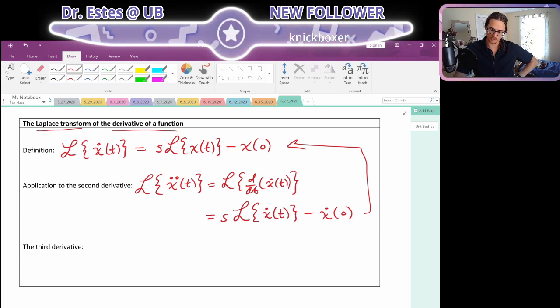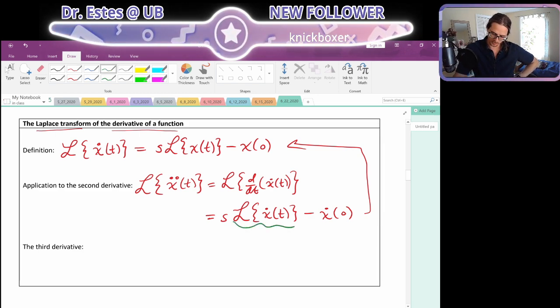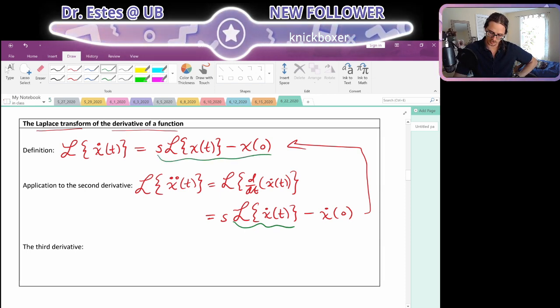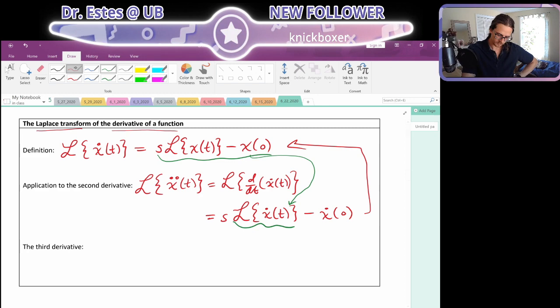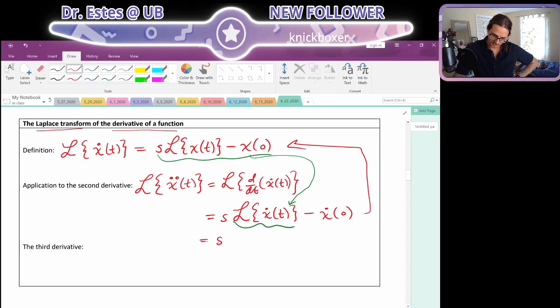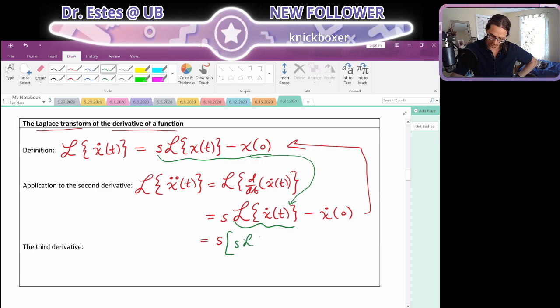And then what you can do is take this and substitute in this expression from up above. So this is going to be s times (s Laplace of x of t minus x naught).